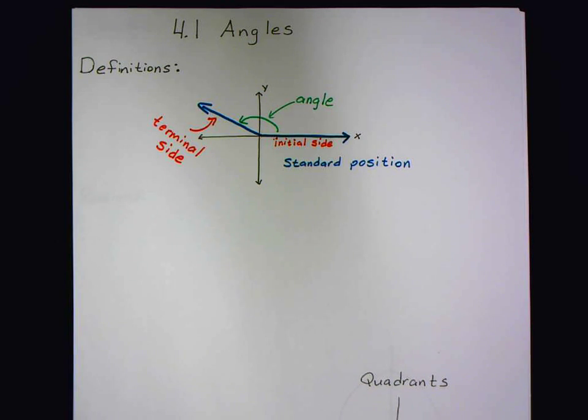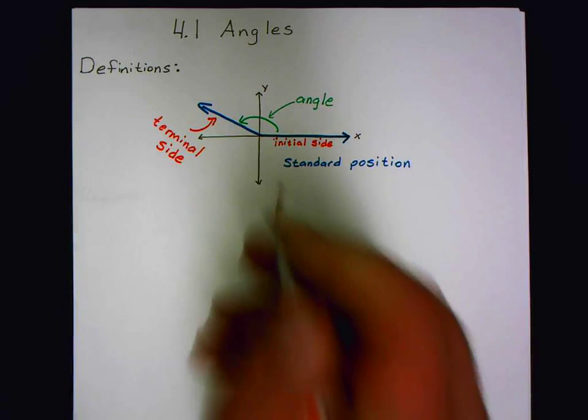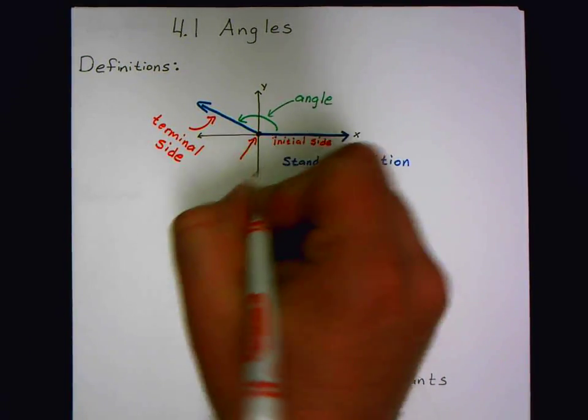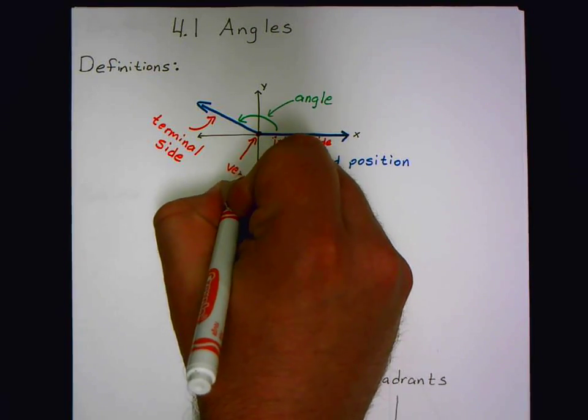It's the measurement between them. So again, that's just some basic geometry. Only other thing that we might put in here is, this doesn't matter to us a whole lot, but this is the vertex.